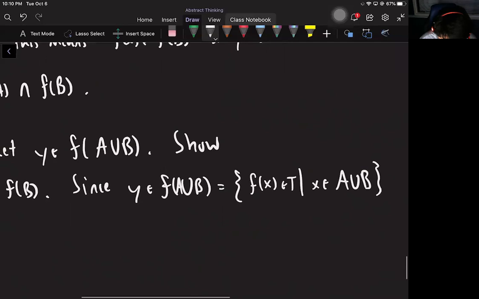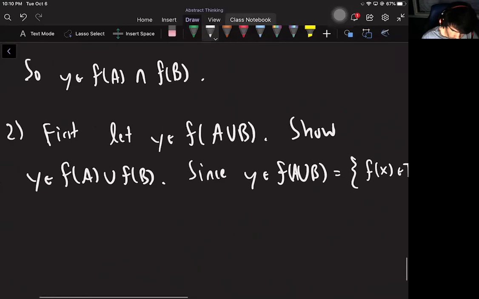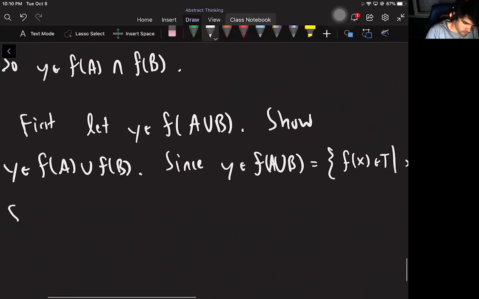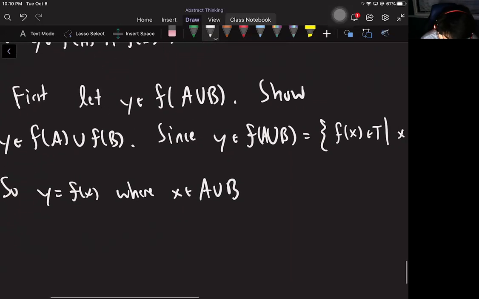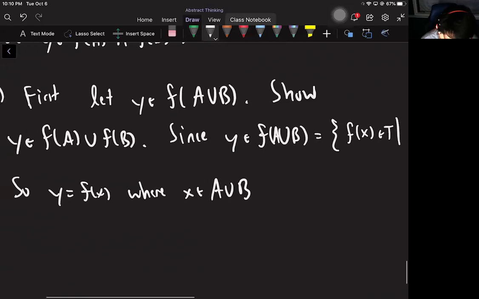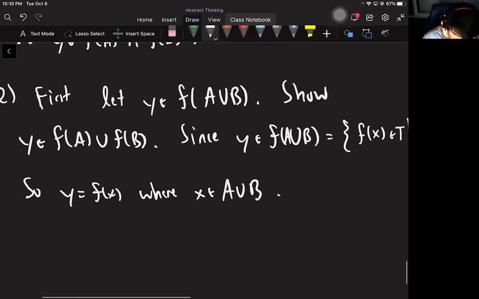So that's really what that set is. So if y is in there, it equals one of those things. And the input to create y, the element of the domain to give you y in the codomain, comes from that subset. So it comes from A union B. This creates a proof by cases.